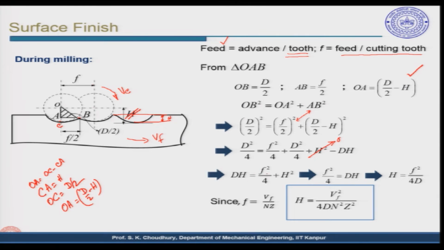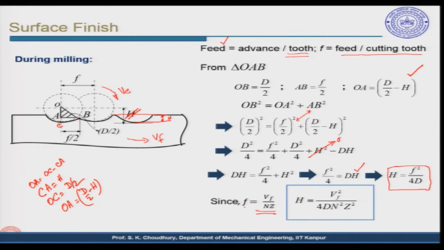f square by 4 is equal to d H. This is the equation that we will be getting, and therefore the H value, that is the surface roughness, will be equal to f square divided by 4 into d, and f, as we said, is equal to Vf divided by N z.